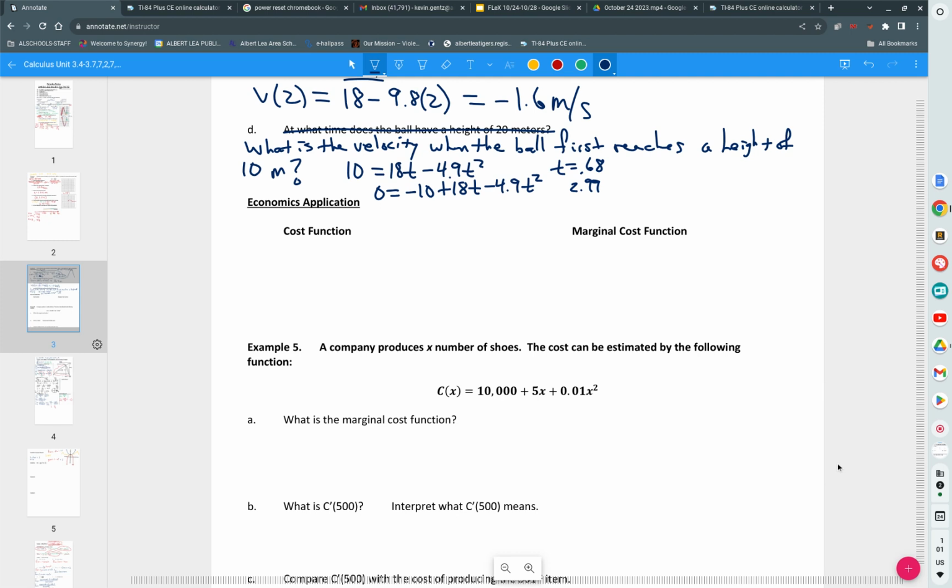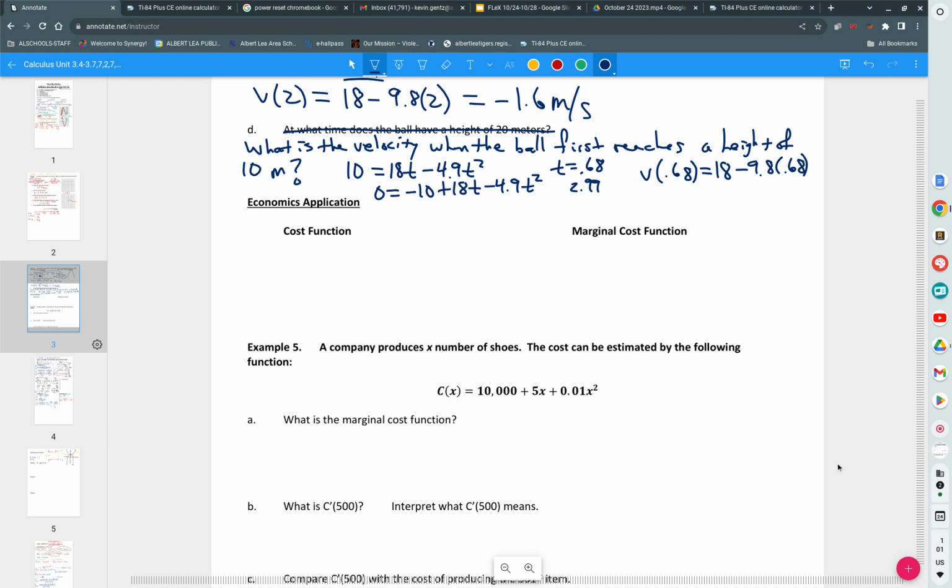Have we answered the question? The question is, what is the velocity? So what do I do now? Yeah, so the velocity at 0.68 is equal to 18 minus 9.8 times 0.68.